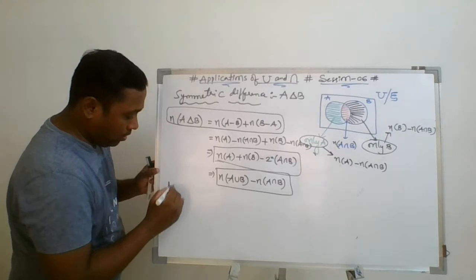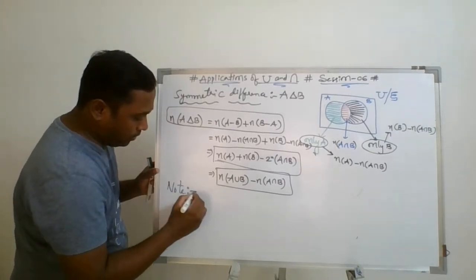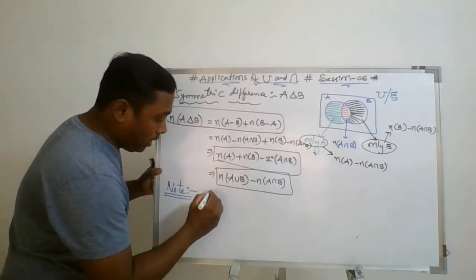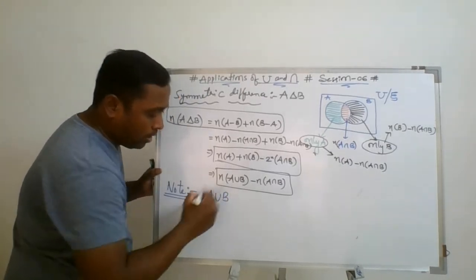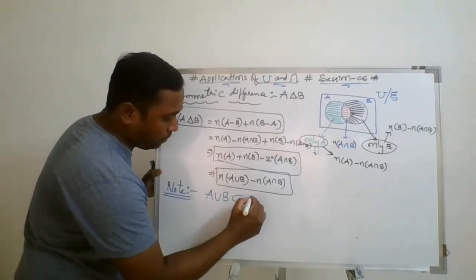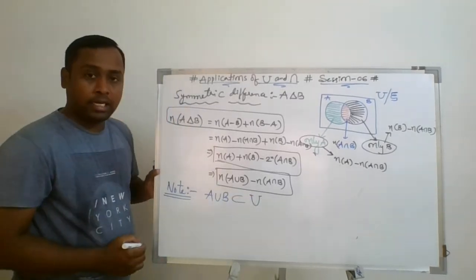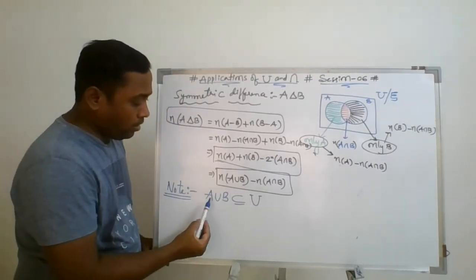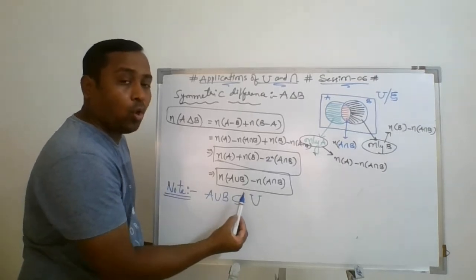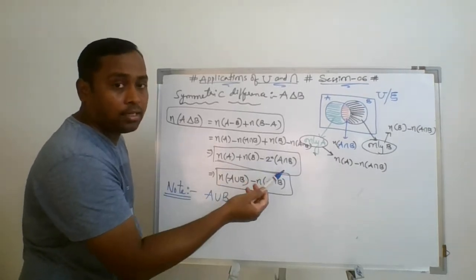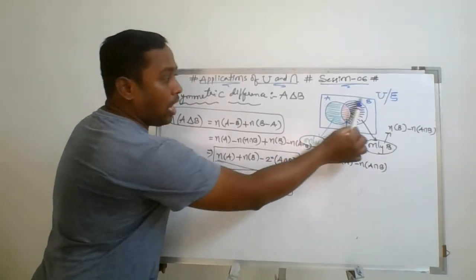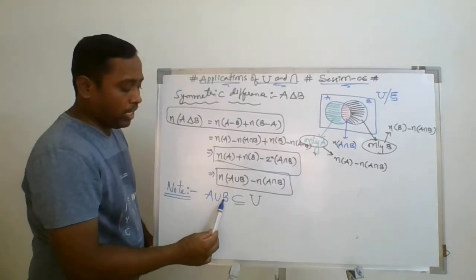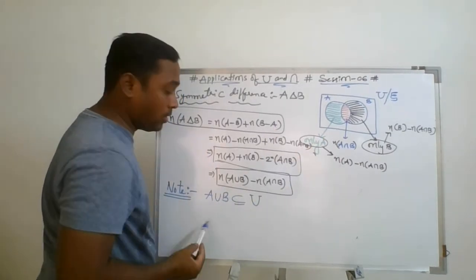Hence, here the two important results I am discussing, which are very important to understand, that A union B is always a subset of universal set, or it may be equal to universal set. Union of two sets is always a part of universal set. Hence, every element in the union is also in the universal set.